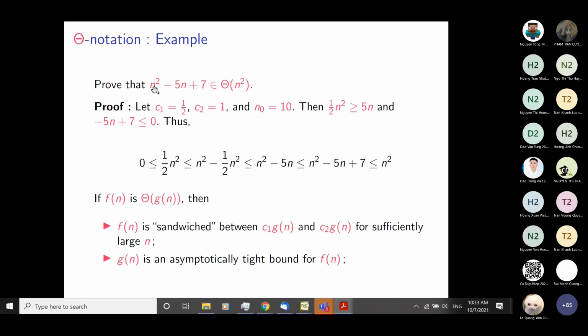For n equal to 11, this is 122 minus 56 plus 7, so it is 61, and this is 122. So the idea again is that the only difficulty is the selection of the constant C2 when the N0 is already fixed.